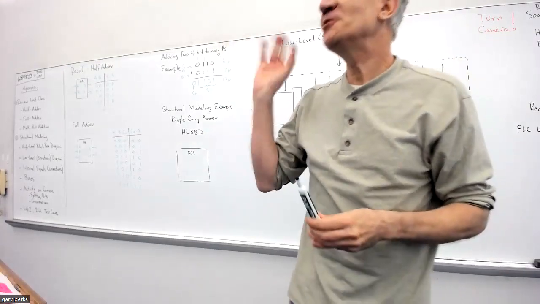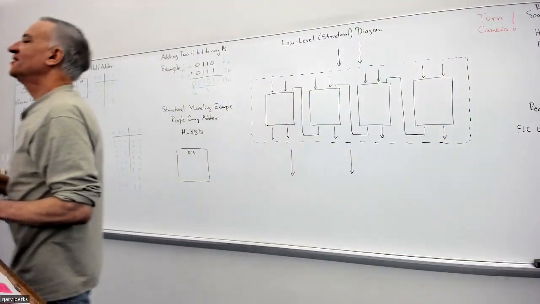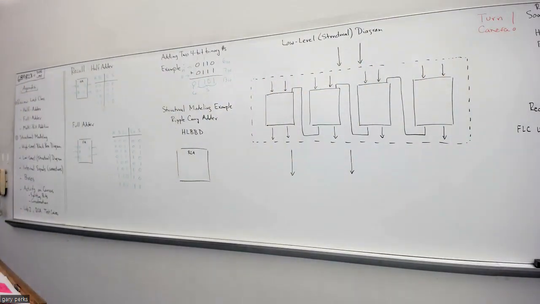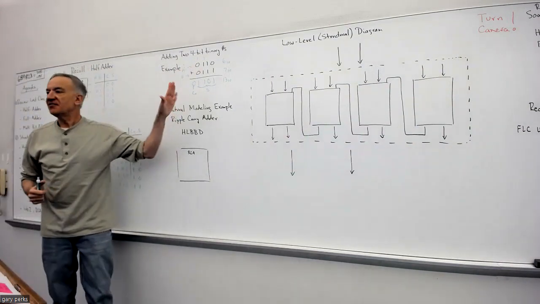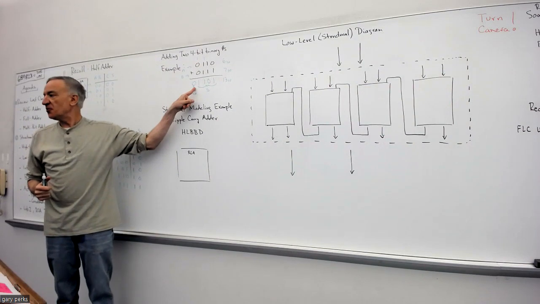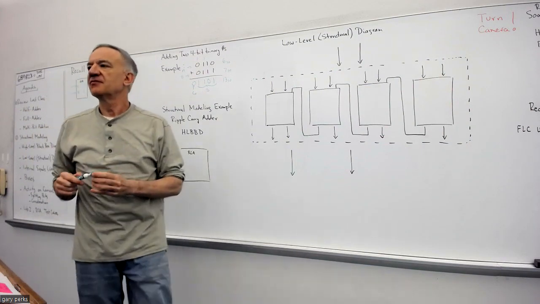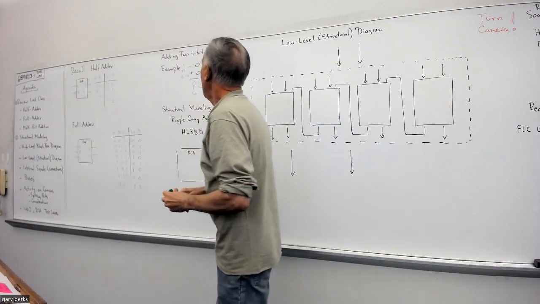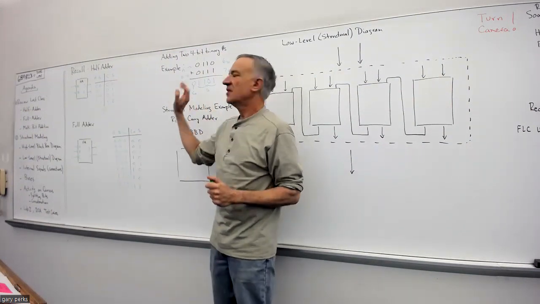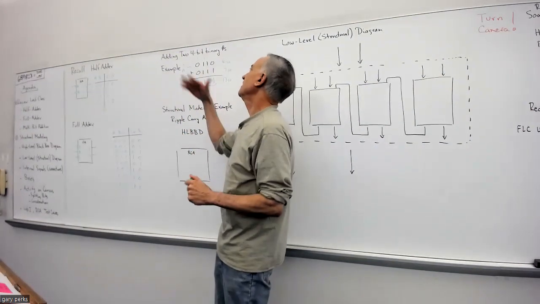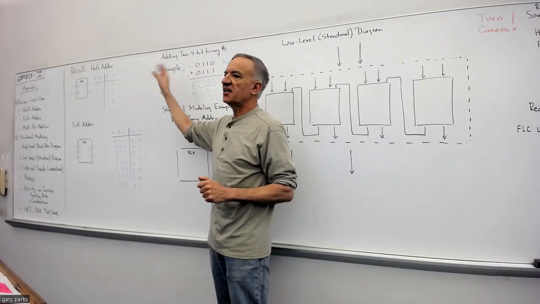In fact, for every result equaling 16 or greater, you get a 1 for that carry out. If you get a result of this addition that's 16 or greater, this bit would be a 1, correct? Yeah, then you're running out of bits.